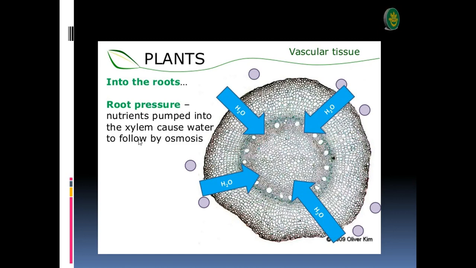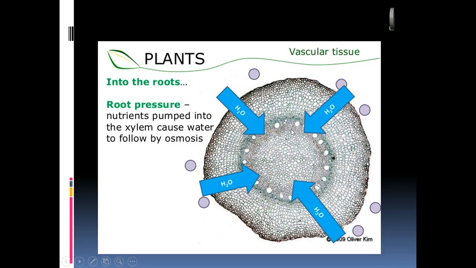The plants raise the pressure by a process known as active secretion. What is active secretion? Active secretion is a process whereby plant cells at the root will actively secrete substances or solutes such as ions into the xylem vessels in the root. Right?